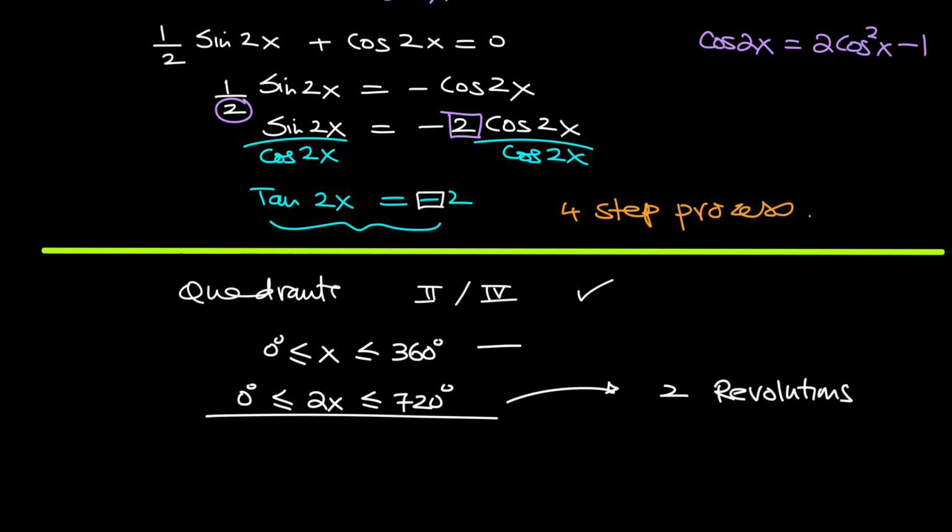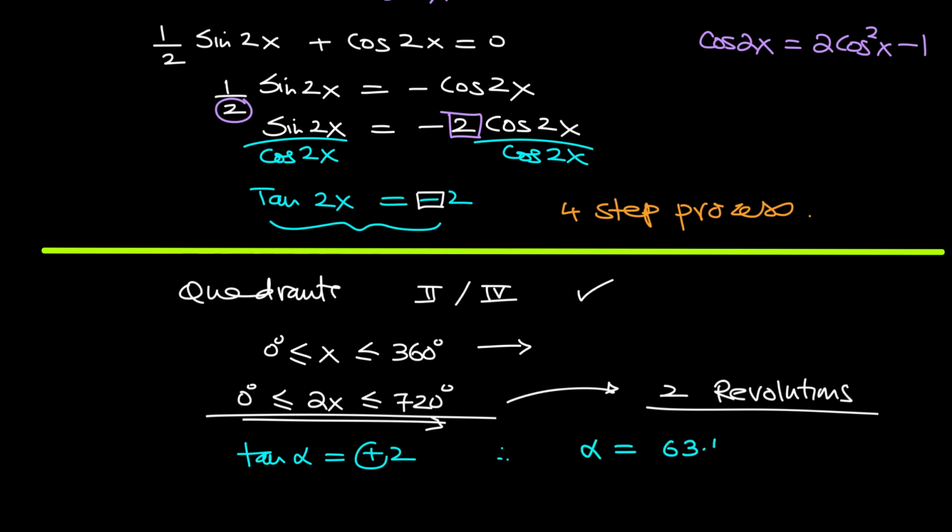One revolution is from 0 to 360, and 0 to 720 is 2 revolutions. The third step is the calculation of the basic angle. Tangent of alpha is positive 2. Basic angle is always calculated with a positive sign. Therefore, the value of alpha comes out to be 63.43 degrees.